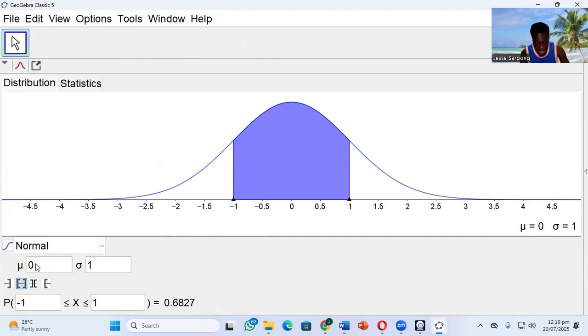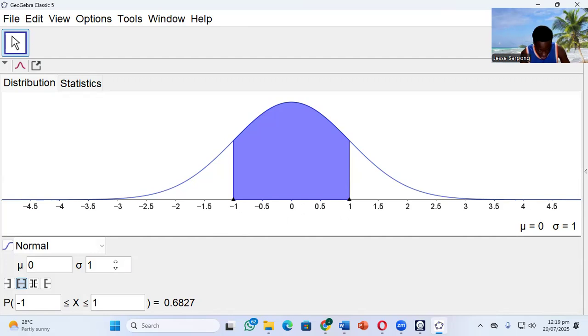So with this, it has the mean of 0 and standard deviation of 1. You can see here, the mean is 0. The standard deviation is 1. Standard deviation is how far away from the mean, that's what we're trying to see. It is 1 to the left side, 1 to the right side, and the range is between -1 and 1.